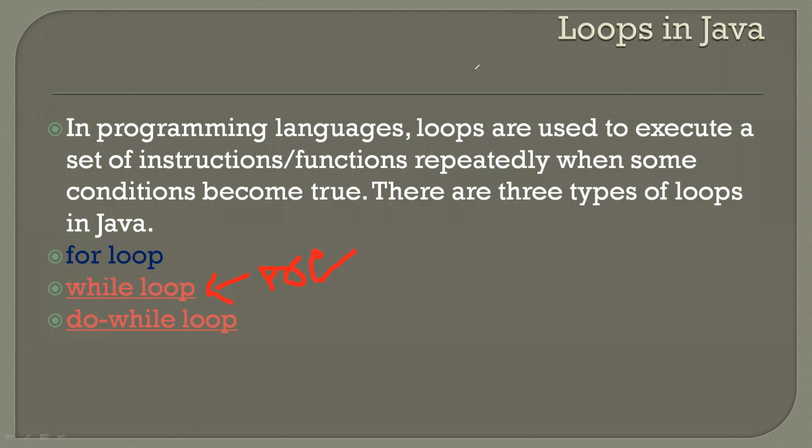The do while loop is called a post-test iteration loop, because we first execute a block and then check the condition. If the condition is false, that block will not be executed one more time. Independent of the condition, the block will execute at least once when we use a do while loop. I will show all these things in the program, don't worry.